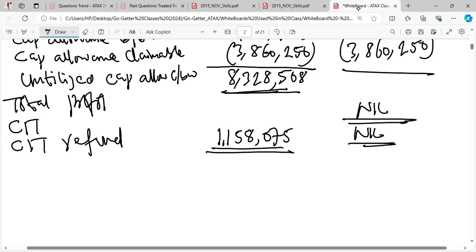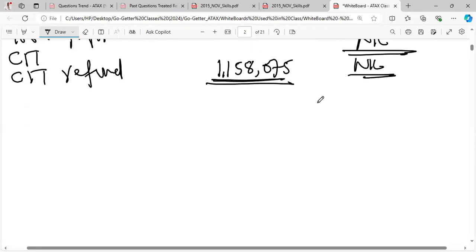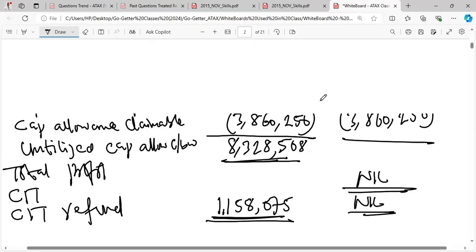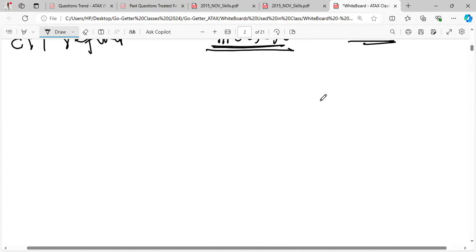So this amount you are going to be refunded. The tax is nil. You now go to the next carried back. We've just done 2011. So we'll go down here to year of assessment 2010.